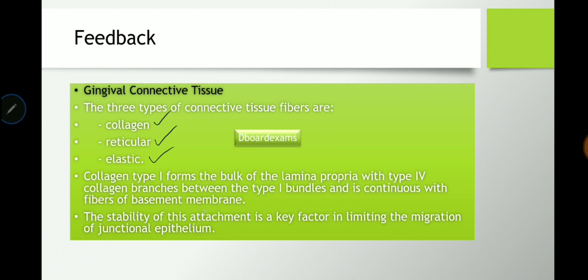So collagen type 1 forms the bulk of the lamina propria, with type 4 collagen branching between type 1 bundles and is continuous with fibers of the basement membrane. The stability of this attachment is a key factor in limiting the migration of the junctional epithelium.